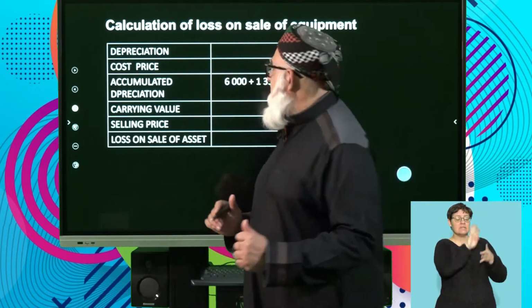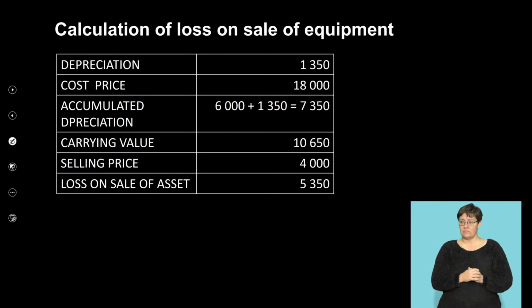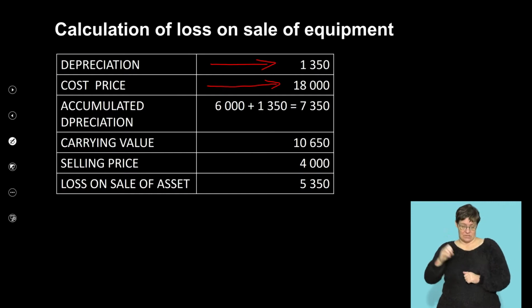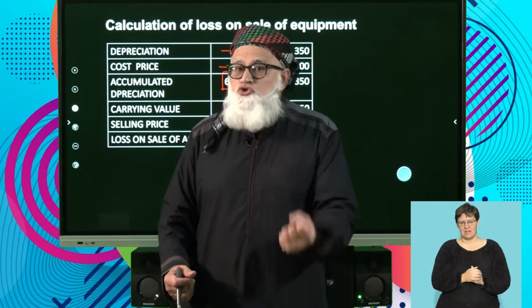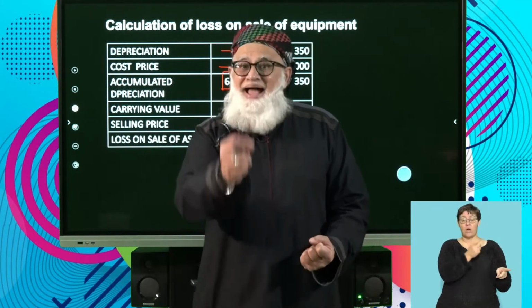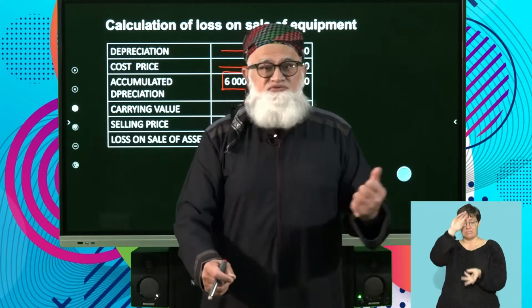Let's look at it. 1, the depreciation we've calculated was the 1,350. The cost price was 18,000, right? Now remember, the accumulated depreciation was 6,000. Now you must be asking the question, where does the 6,000 come from? Very simple. Your carrying value was 12. Cost price minus accumulated depreciation gives you carrying value.